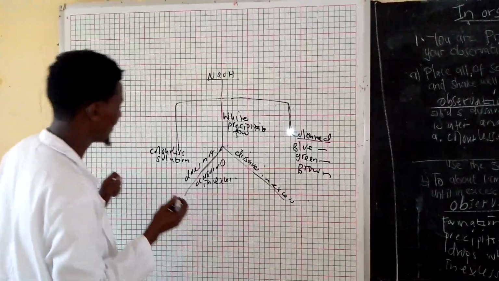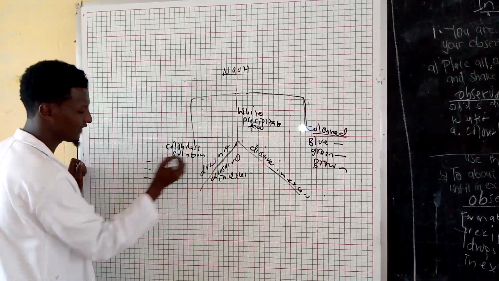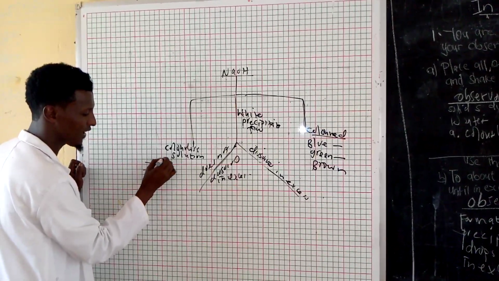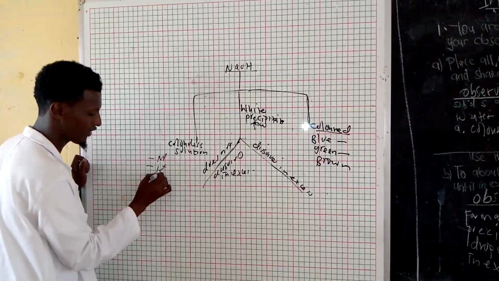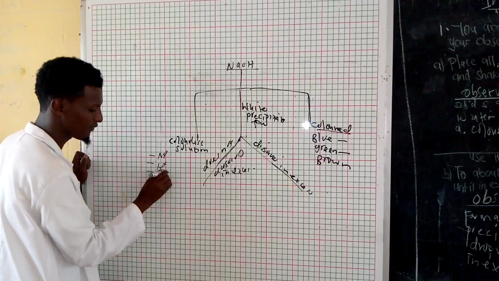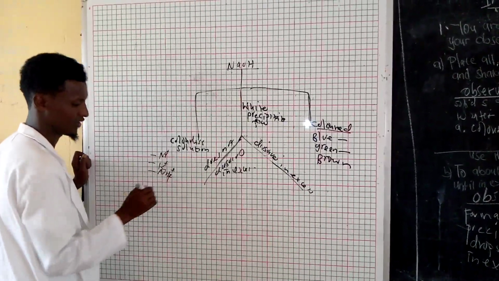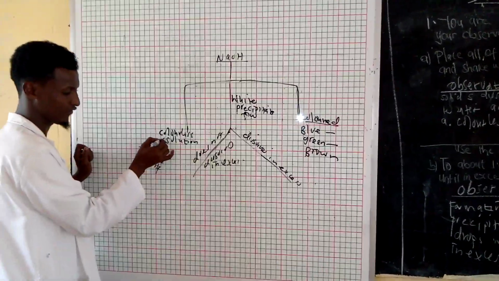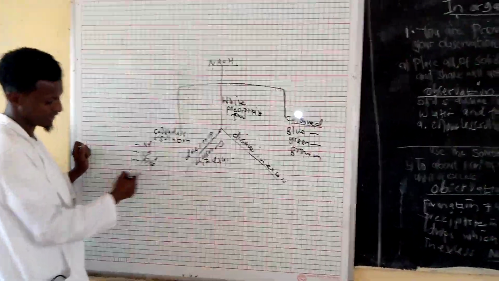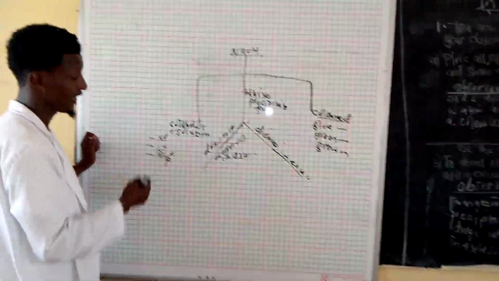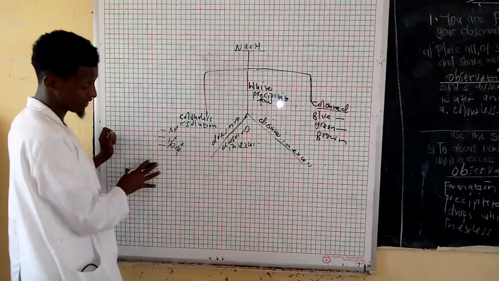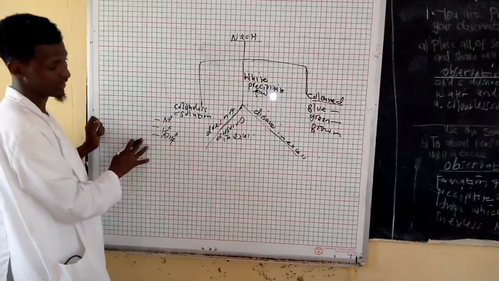cations there. So now students, if it is this, that one is the sodium ion, potassium ion, and the ammonium ion. If it is forming a colorless solution with sodium hydroxide, these cations are given.